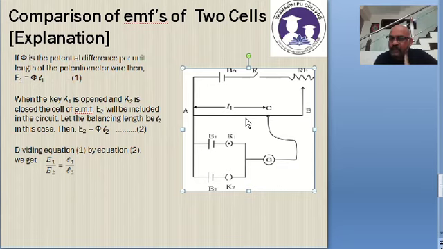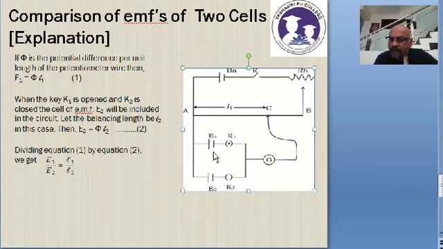Between the center and the point A, the potential will be equal to V by 2, because if it is providing V volt, between the point A and the center it will give V by 2. Between the point A and 1/4 end it will give V by 4.